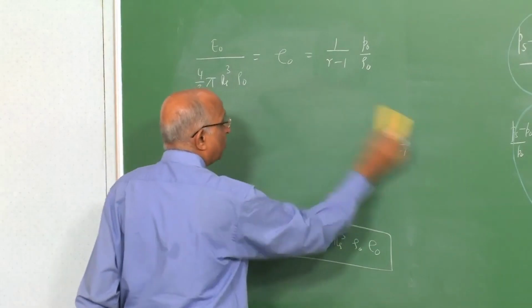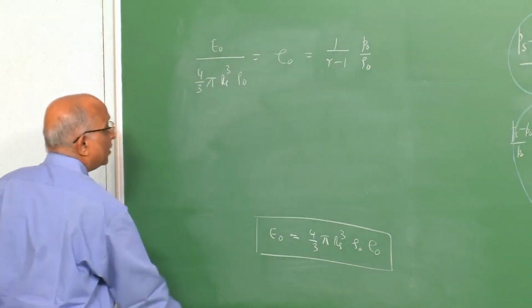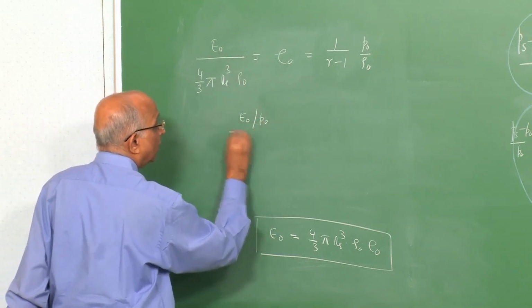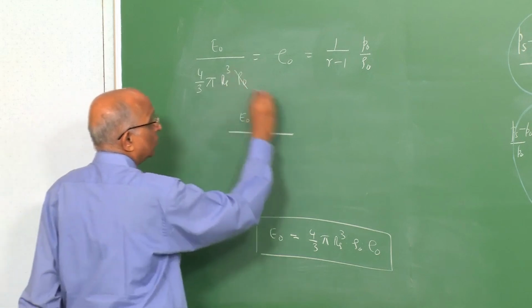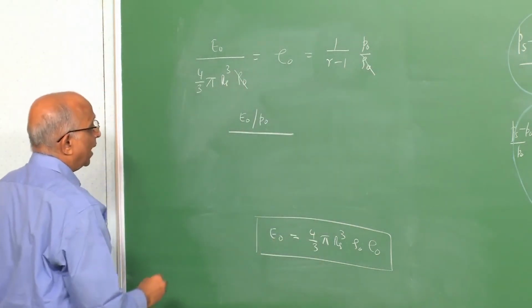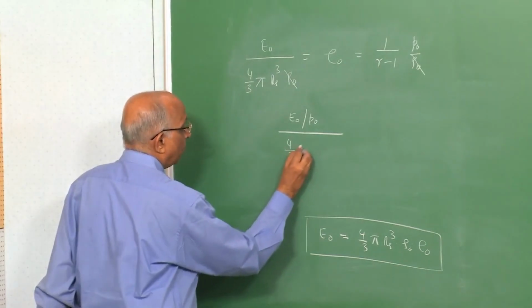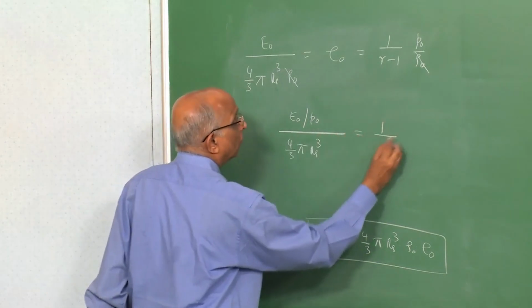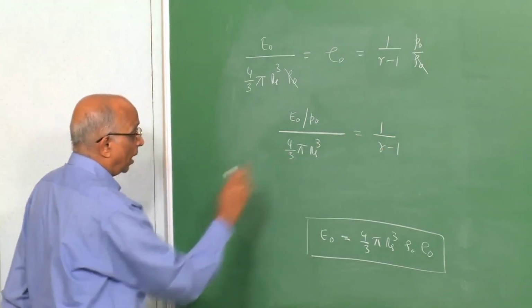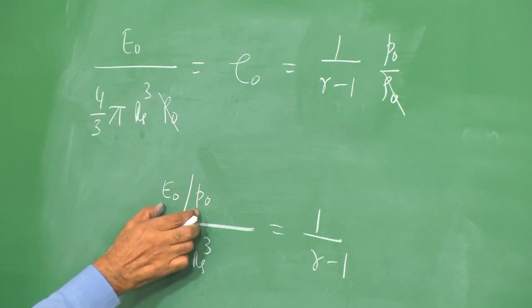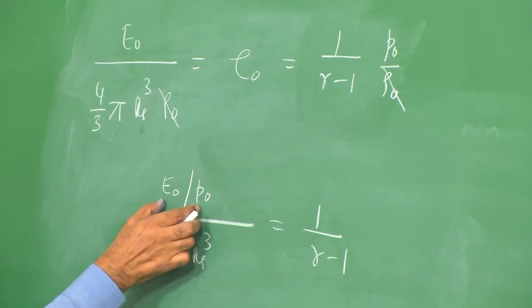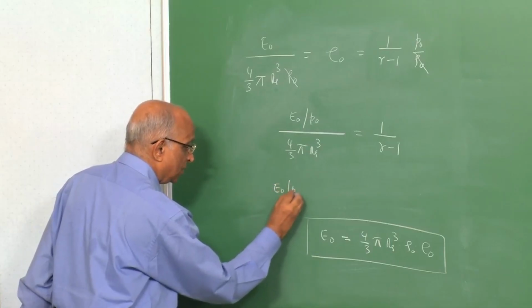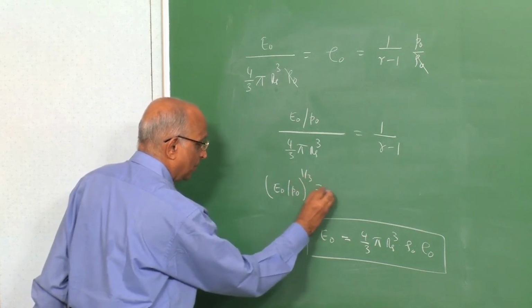And if I were to solve this particular expression, what do I get? I get E0, with P0 brought to the numerator, divided by rho 0, which gets cancelled. I get 4 upon 3 pi times Rs cube, all that is left, equal to 1 over gamma minus 1. E0 by P0 to the power 1 by 3 is what we call the explosion length, R naught.